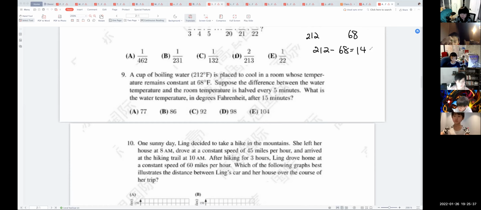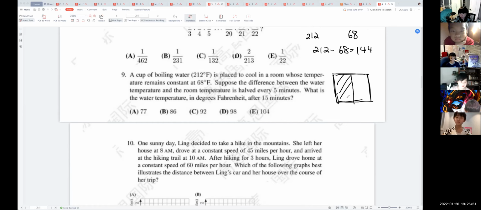Is 144, correct? So we know the first 5 minutes, this is 144 if I'm just calculating, putting them as a block. So at the beginning it decreases by half of 144, right? Which is 72. Then decreases by half of 72, which is 36.